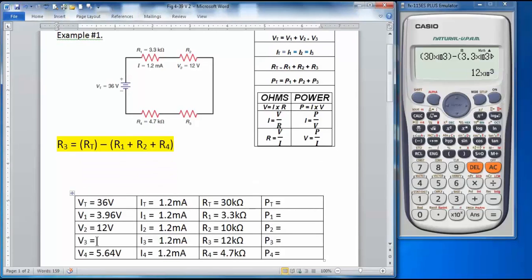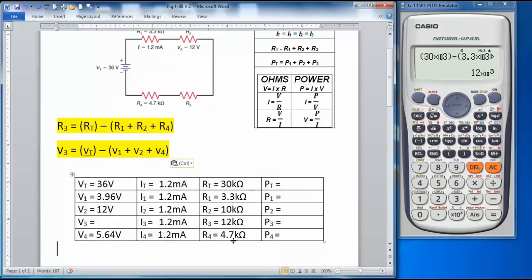So at this point I can solve V3 in a couple of different ways. I can do V3 is equal to I3 times R3, or I could use basically the same formula, V3 is equal to VT minus V1, V2, and V4. A while ago, instead of calculating R3, I could have done V3 first with this equation. It's really a matter of preference. You can get there either way to fill them all in.